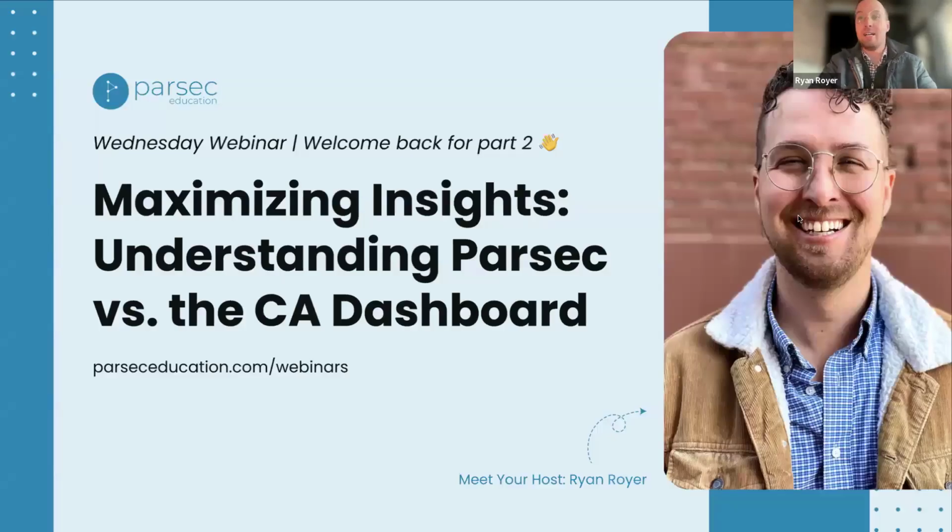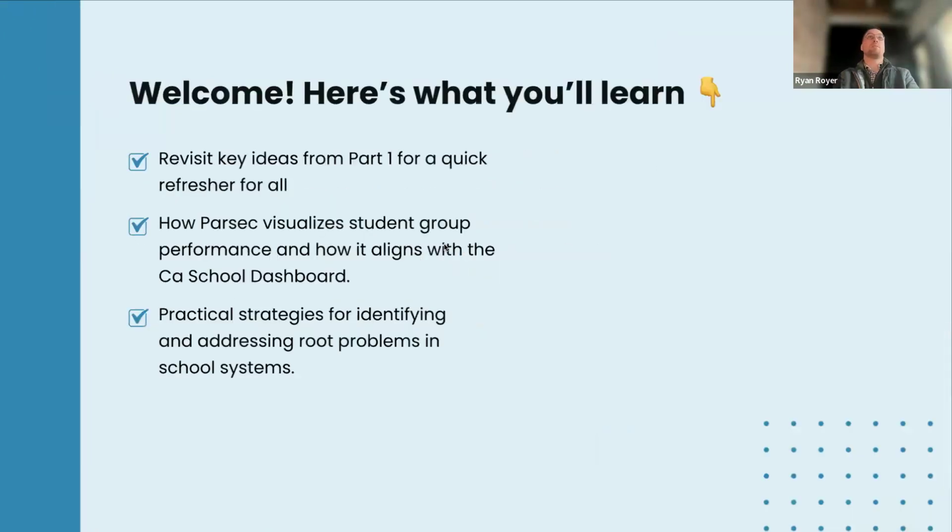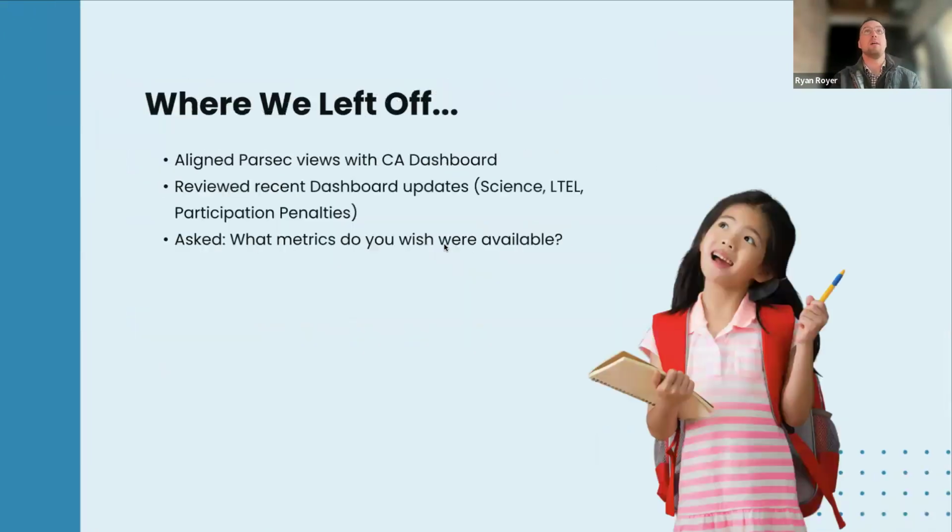But guys, welcome to our part 2 of our webinar talking about alignment to the California School Dashboard. Last time, we talked about the standard dashboards in the Parsec analytics platform, the ones built on publicly available research file data.